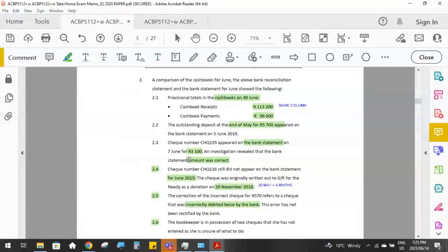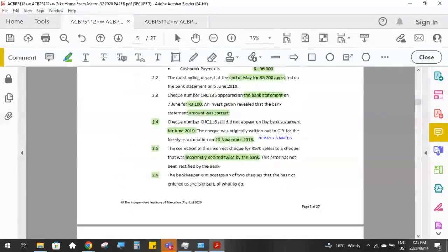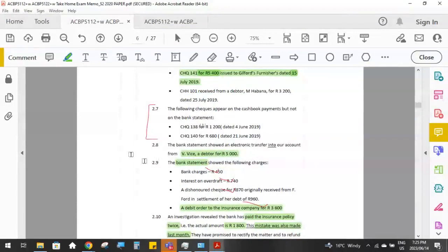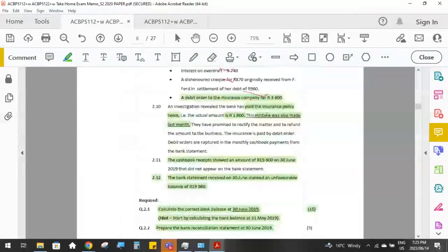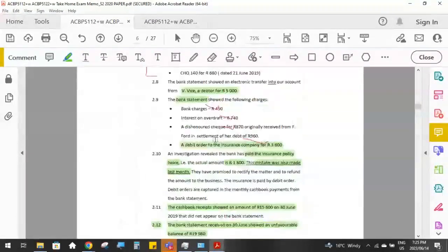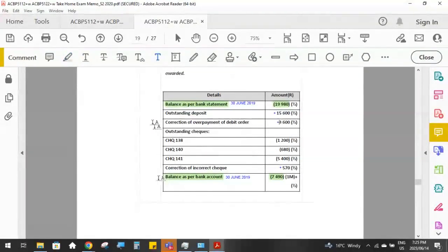I'm not going to spend too much time looking for it, but it will be in this information here somewhere, where there was a check number 141, sorry, 138, 140. Okay, I can't immediately pick up where they've mentioned that check, but it must be in the information here somewhere. So that's also outstanding, 5,400. And then this 570, that is the item that was on last month's bank recon, that's still there.